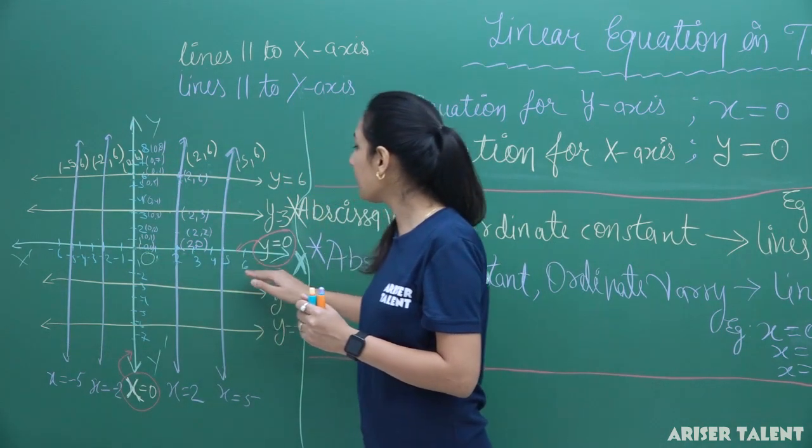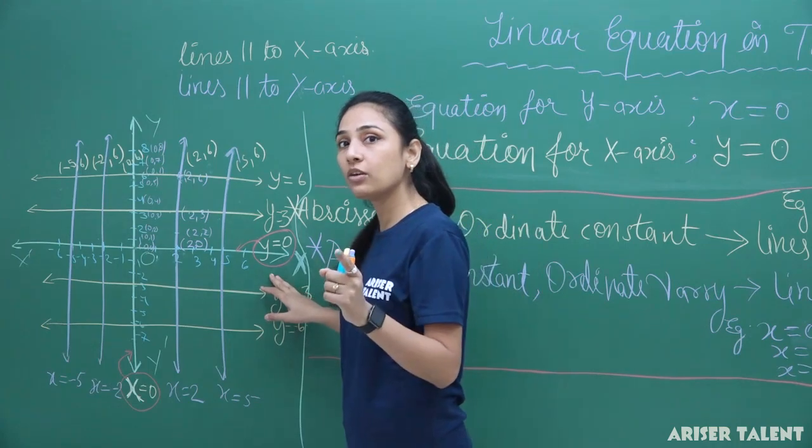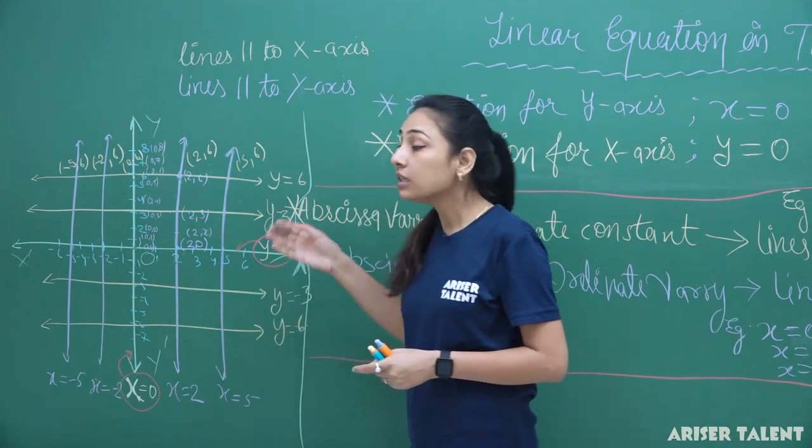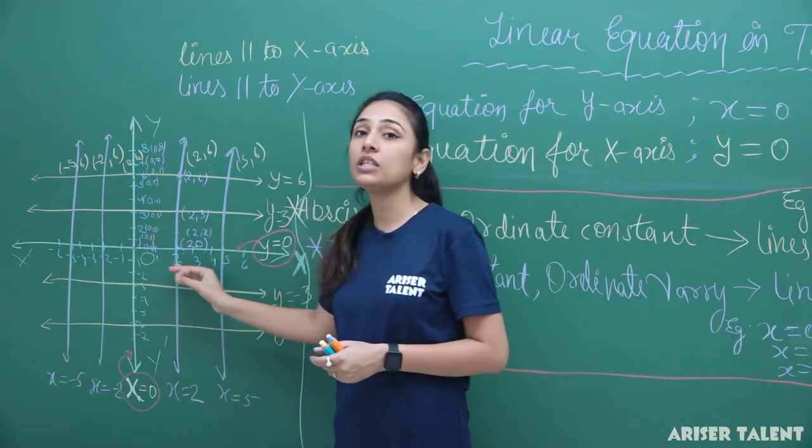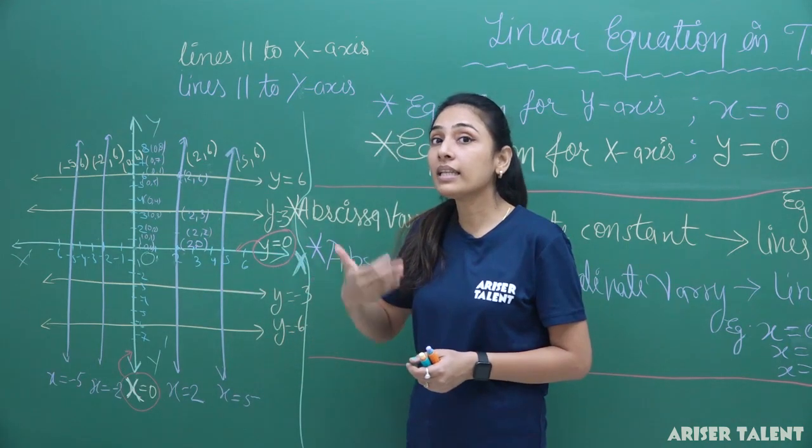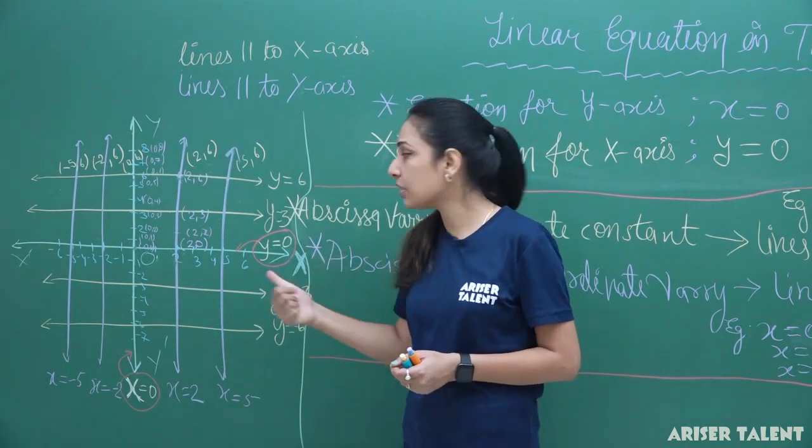For the x-axis, what is my equation? y equals 0. The value of x changes at each and every position. So how can I write an equation in two variables for this?